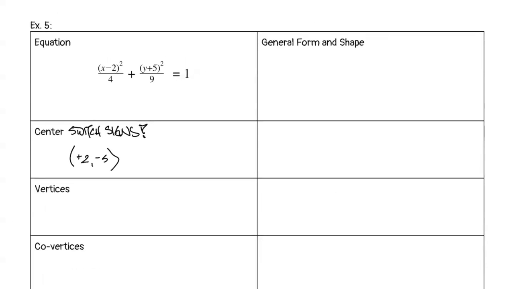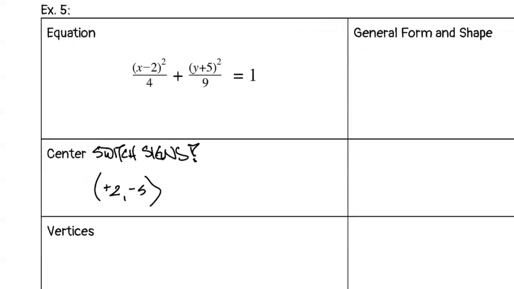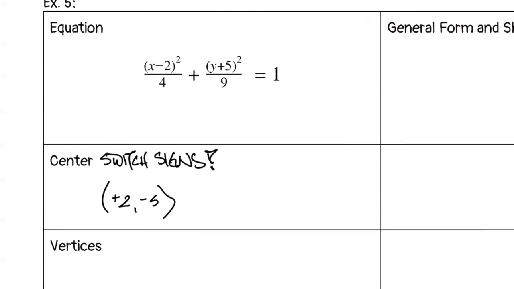Now, 4 and 9, what does the 4 tell us? It's the x distance, okay? And what specifically does it tell us to do from the center?